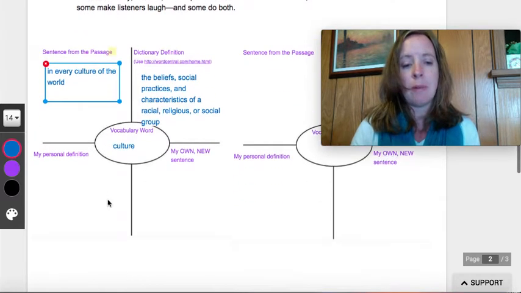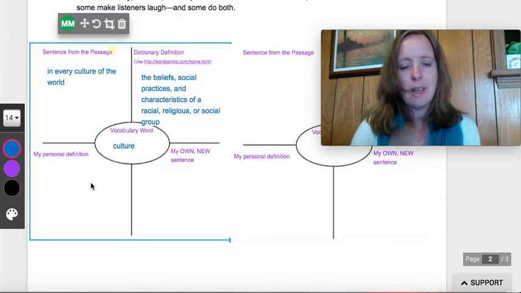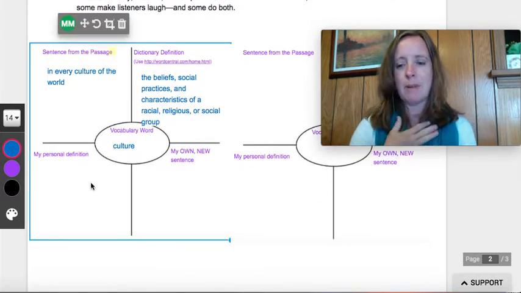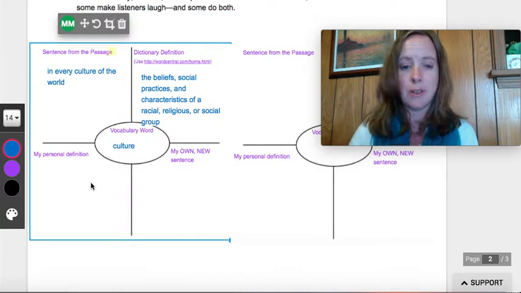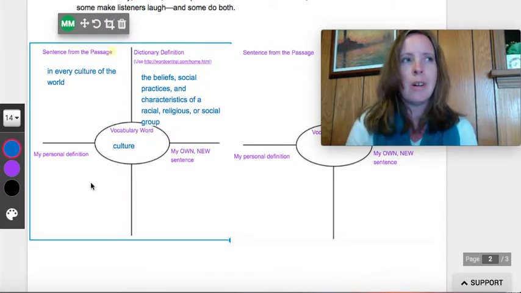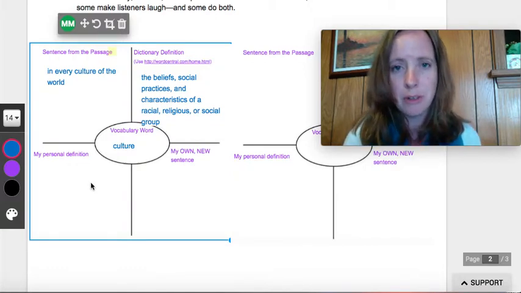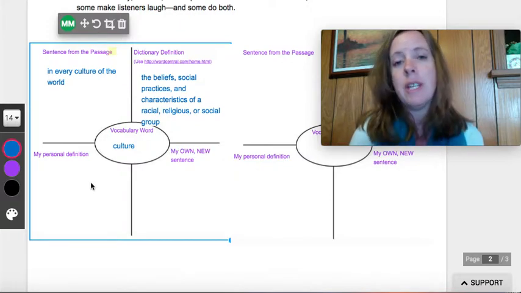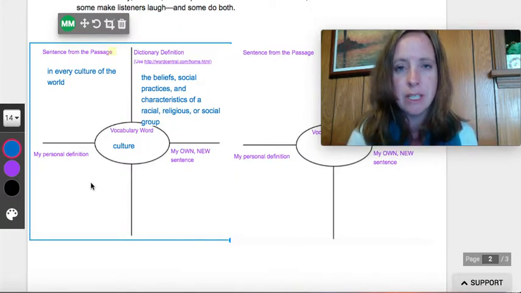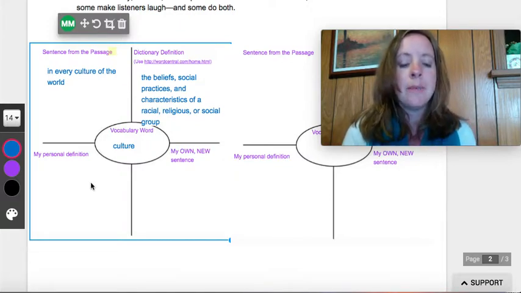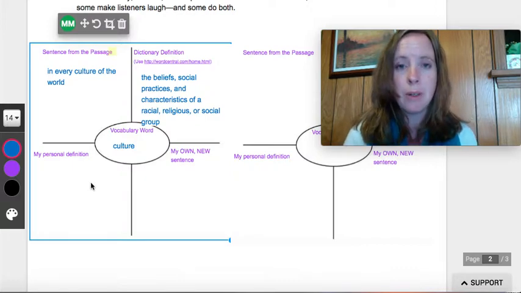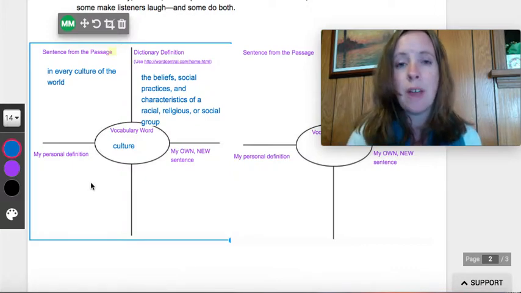Down here for my personal definition, I'm going to think about what experiences I have with that word culture already. So I remember in high school I had a friend whose family was of the Indian culture. They traveled to India every year. They had family that lived in India still. And I remember when I would go over to her house, the food that her grandmother and her mother made, her home smelled different.